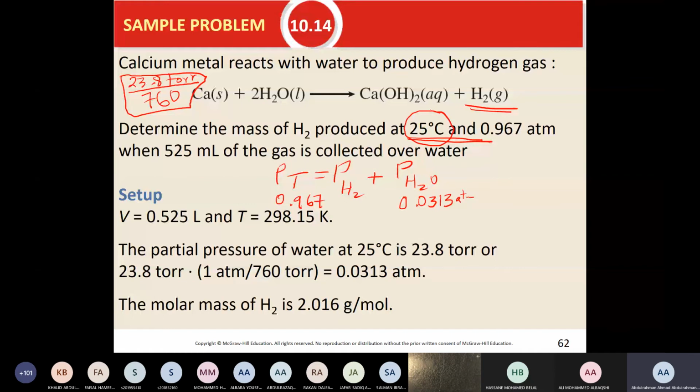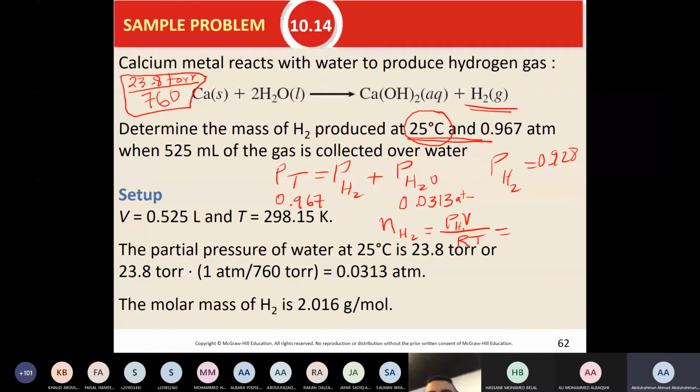So what's the pressure of hydrogen only? 0.928. Exactly. Now, can you calculate n of hydrogen? PV over RT. This is the pressure of hydrogen only.